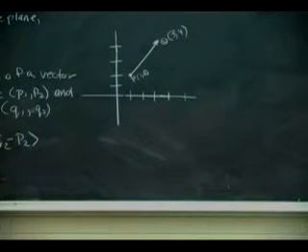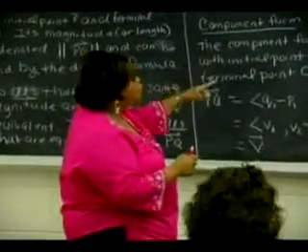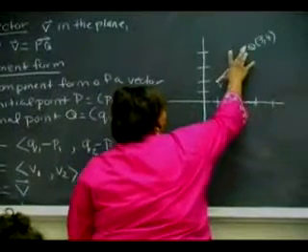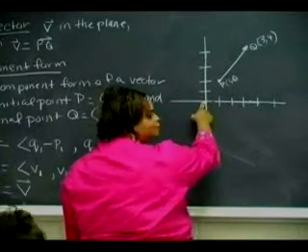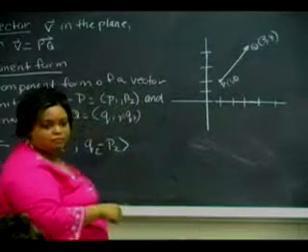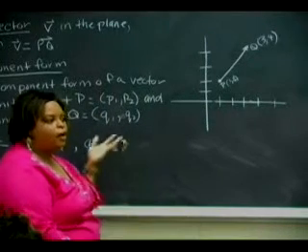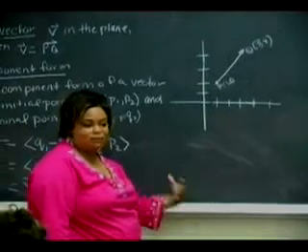Well, this is my directed line segment PQ, but I want the component form, which means I want to take this whole line here, move it down to where my initial point is the origin. Okay? And it's going to be helpful for us to work with component form vectors when we start adding and subtracting.